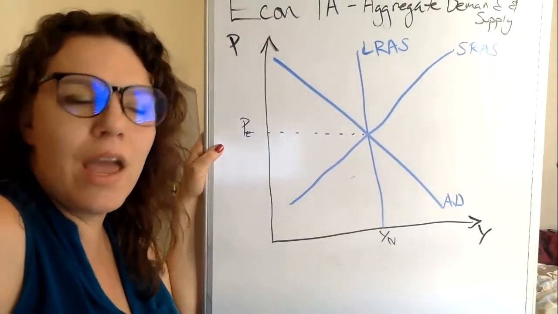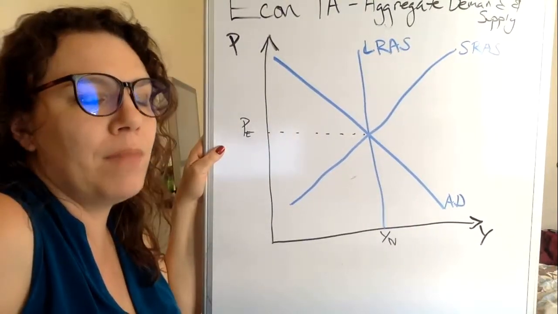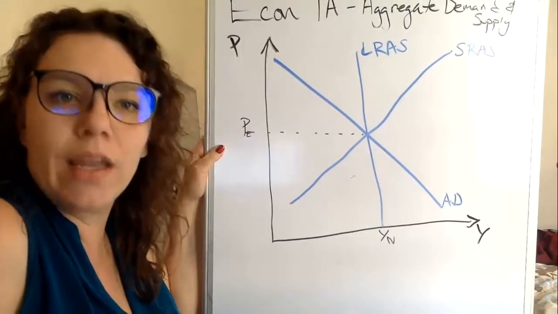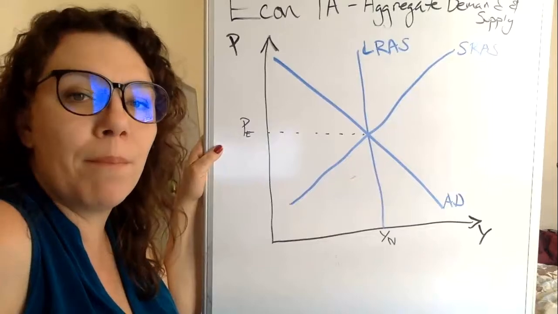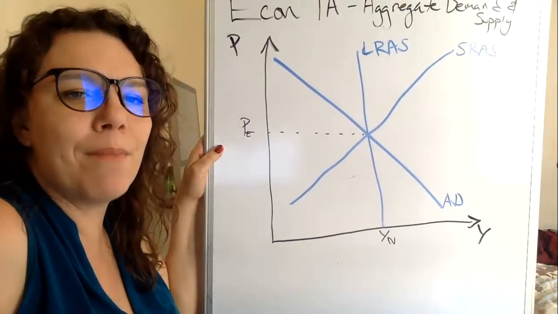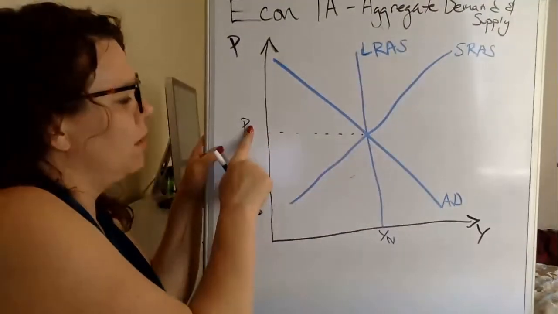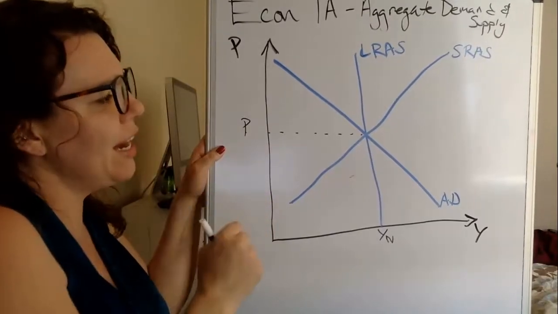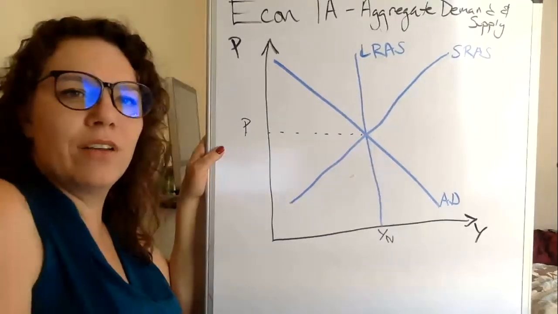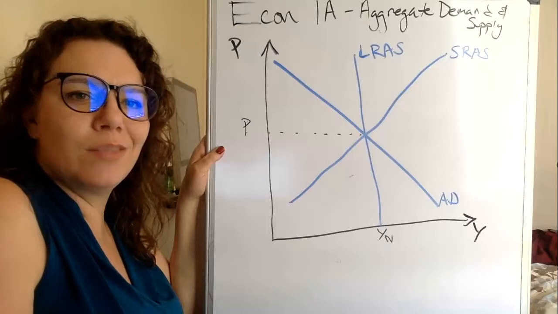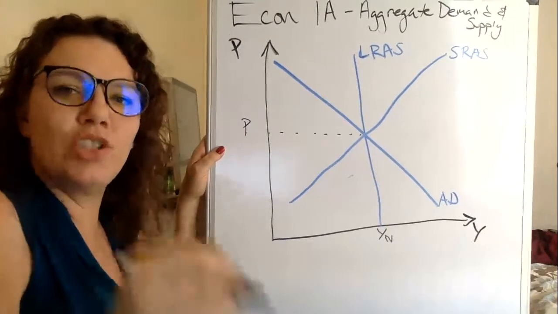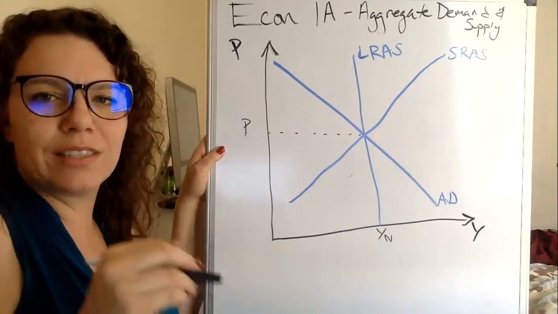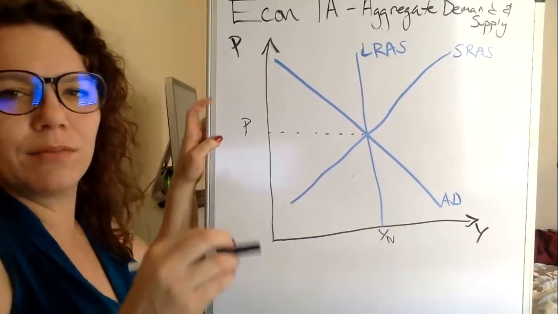Maybe wages don't adjust right away, or prices don't adjust right away, or there's some misperception about the price level. So if the price level changes, if we have some shift in aggregate demand, that's going to have an effect in the short run on aggregate supply as we adjust.